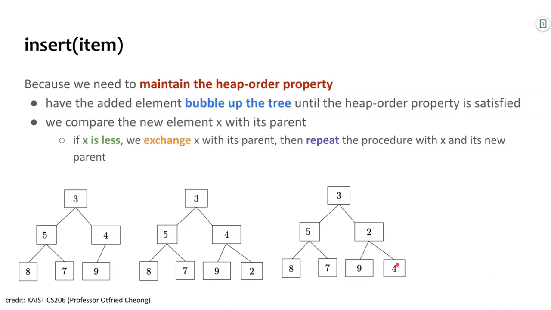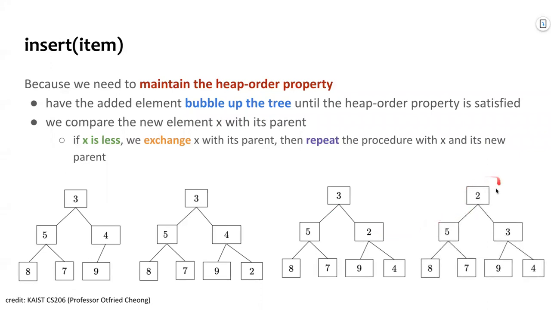And at the next level, which is the second level here, we're going to compare 2 with its parent 3 again. And because 2 is smaller than 3, we're going to swap these two values. Then 2 will be a new parent. So this is how we are going to maintain the heap order property when we insert a new item.